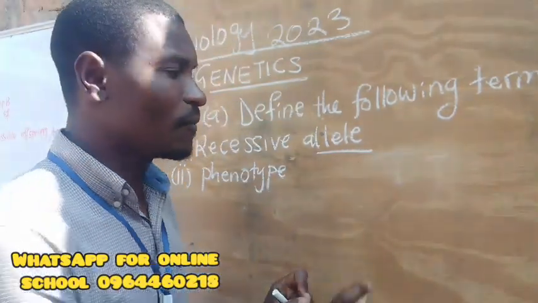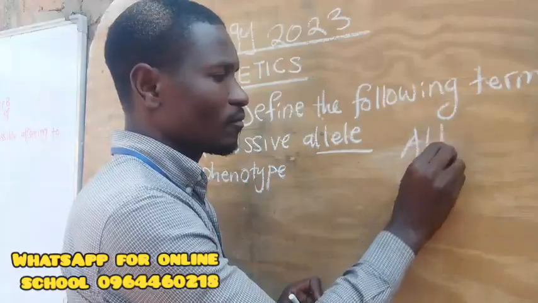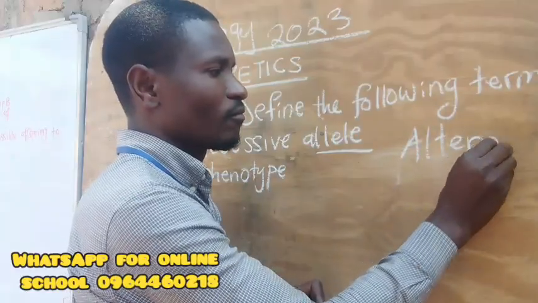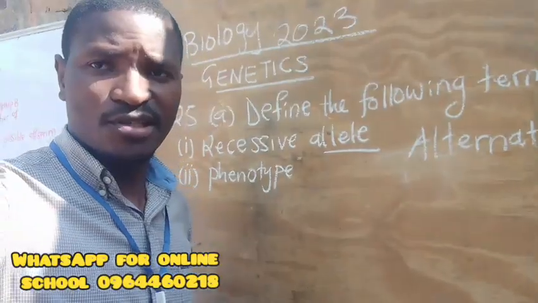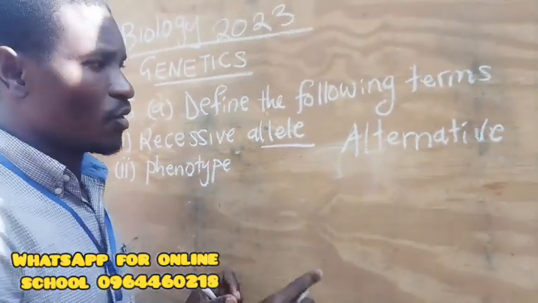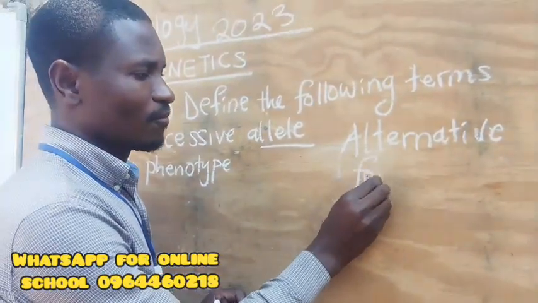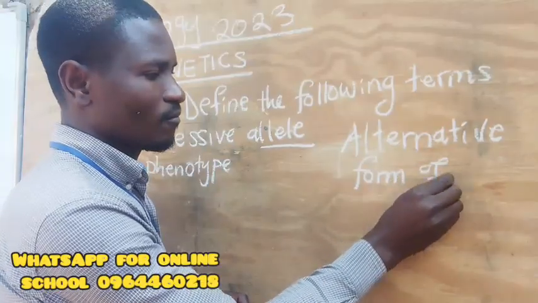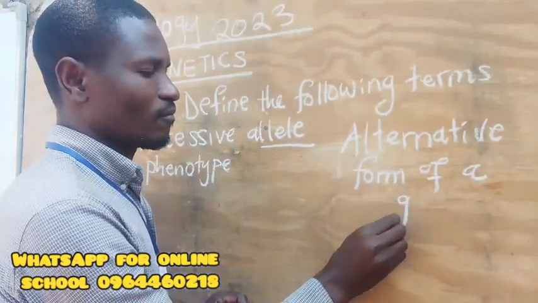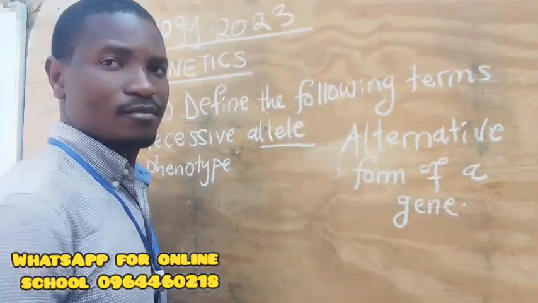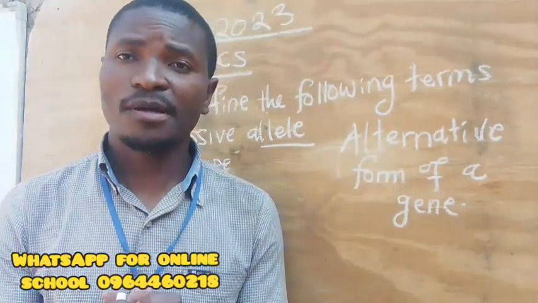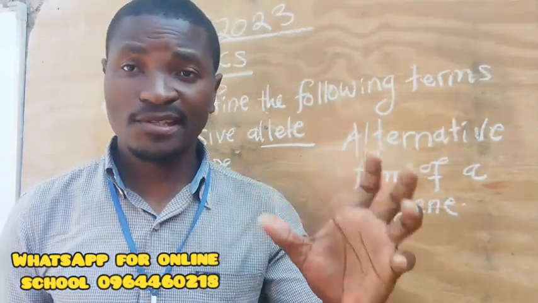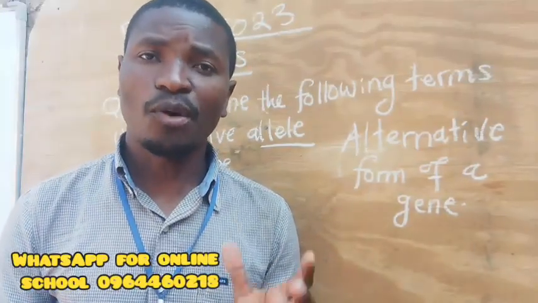An allele is just an alternative form of a gene.